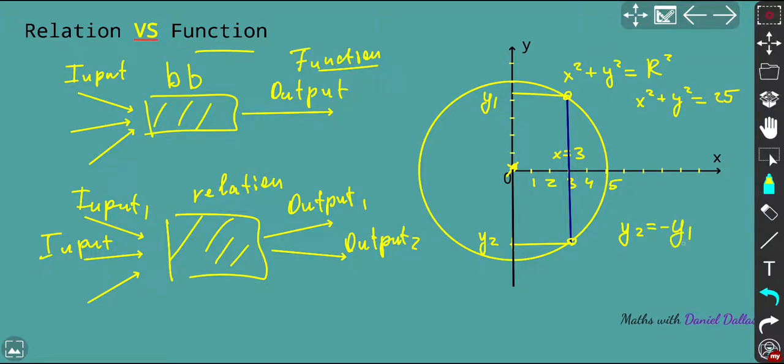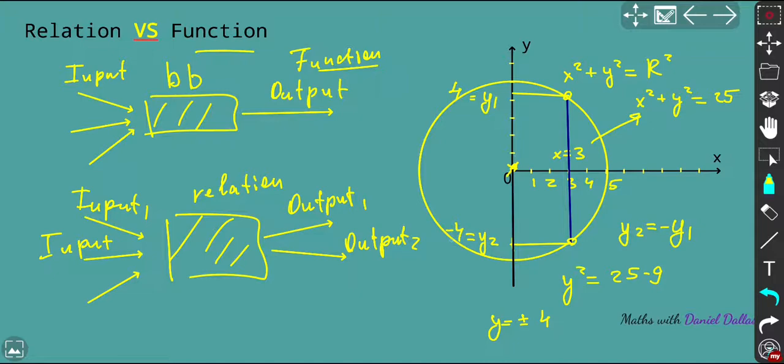All right. So if you like, you can plug this value in and simply solve for y. So we'll get 3 squared is 9, so y squared becomes 25 minus 9, right? 25 minus 9 is 16, and if you take the square root, you'll get plus or minus 4. So that means y1 is positive 4, and y2 becomes negative 4.